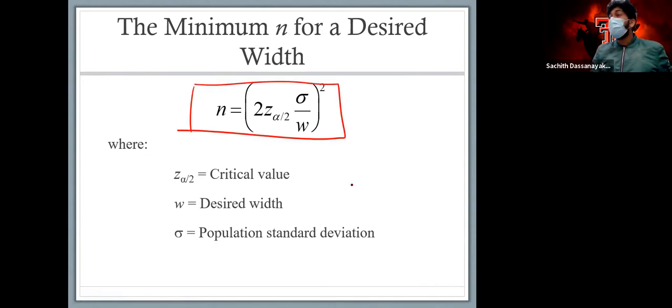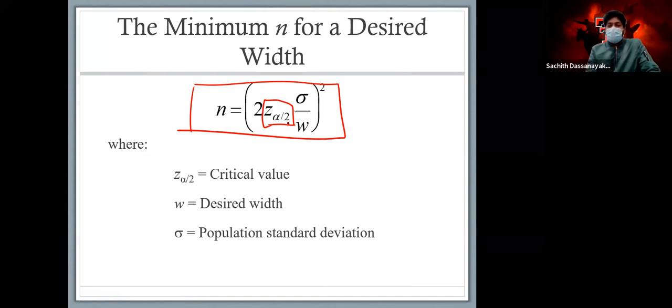Using this equation, you can find the minimum sample size that we need to get a better confidence interval according to our C alpha over 2, which means according to our confidence interval.